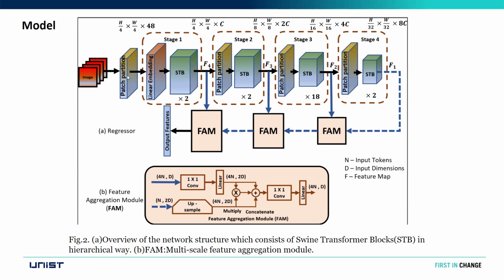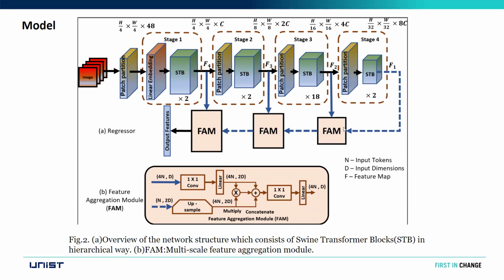They divide the image into patches, and using linear embedding, they use a Swin transformer block, which I will explain better. They use the output of the first stage in the second stage, the second stage in the third, and the third gives the fourth stage, which is the high resolution output of the given image.